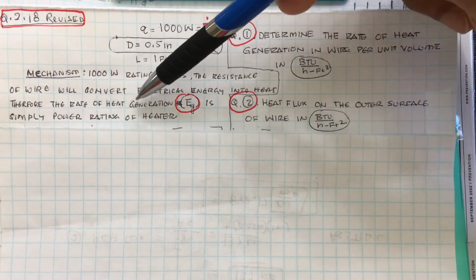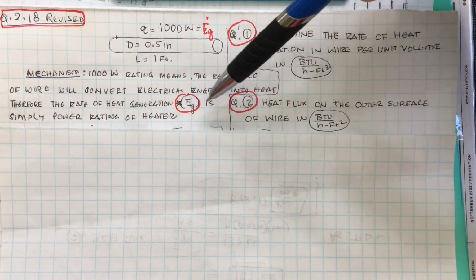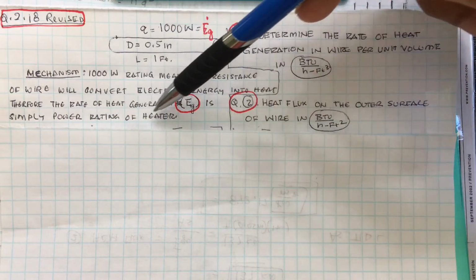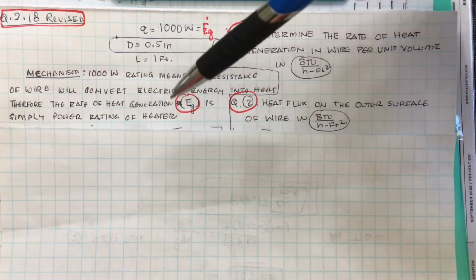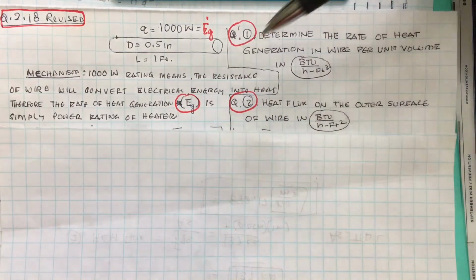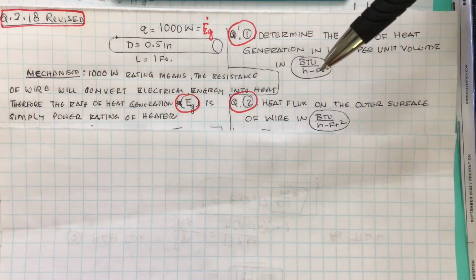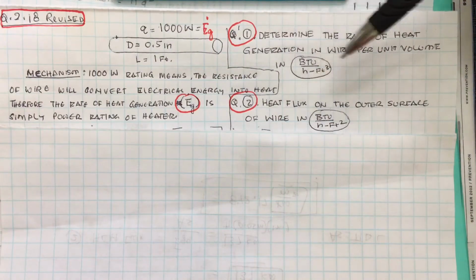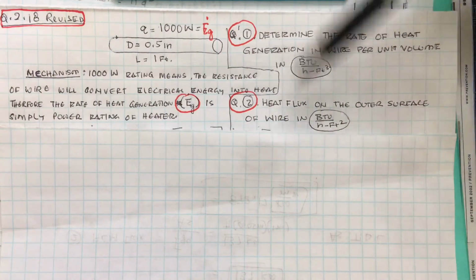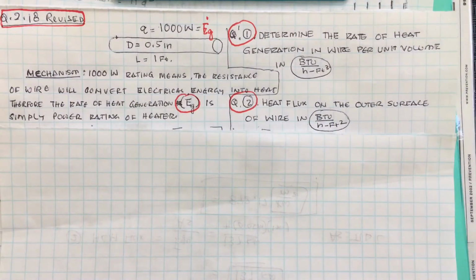Therefore, the rate of heat generation, E_G, is simply the power rating of the heater. That is the important thing to remember when we're doing this problem: when the rating is given, that means he has given you this, okay? And the question statements are there. Two questions which I showed you earlier, and let's get started.